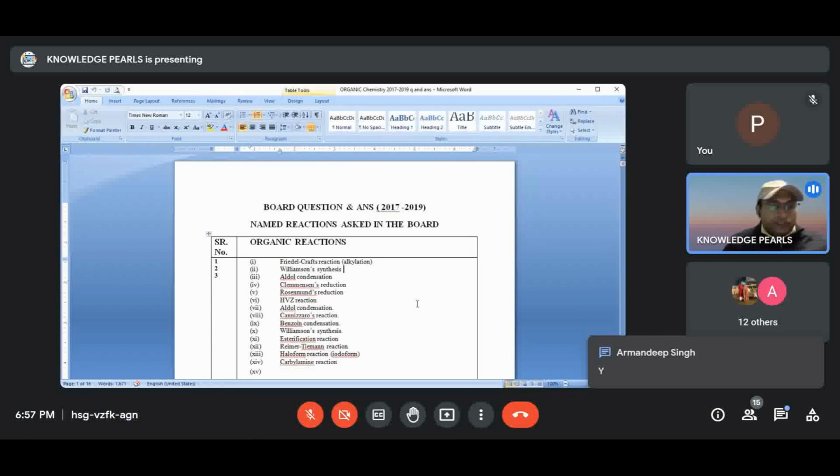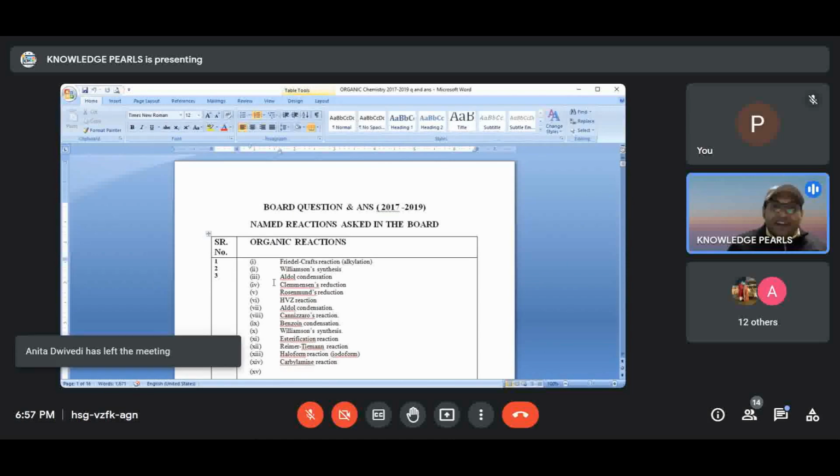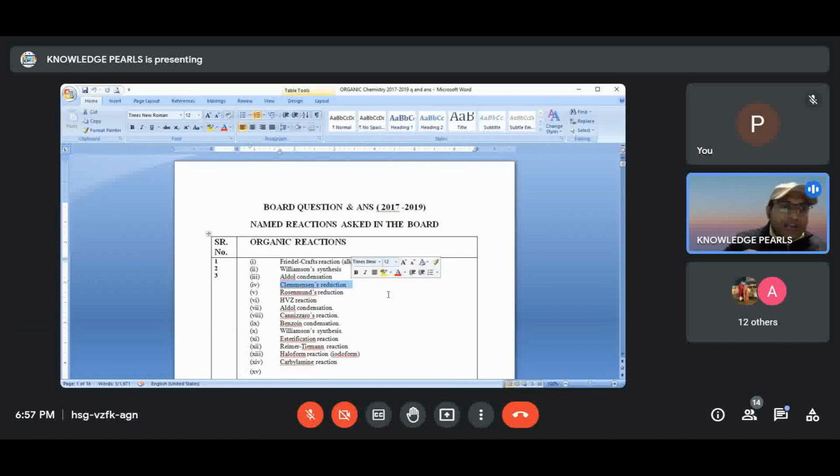So first in the list is the Friedel-Crafts reaction, as we were discussing. Second reaction is Williamson synthesis. We had missed out Williamson, now we have got it back. Third reaction, very important, aldol condensation. Clemmensen reduction, aldehyde to alkane.